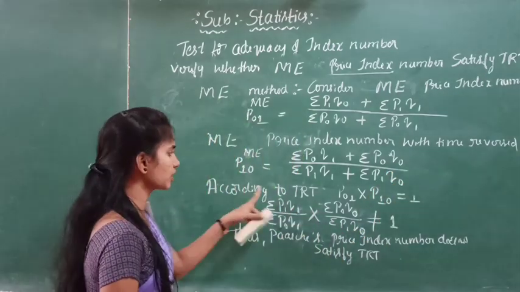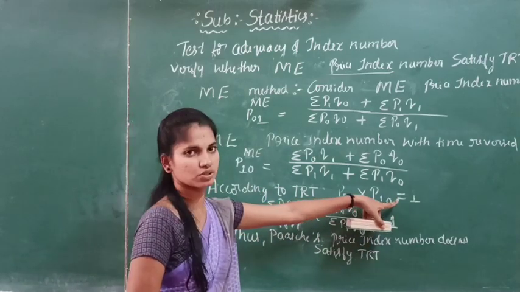Then next step, according to TRT, P01 into P10 is equal to 1.